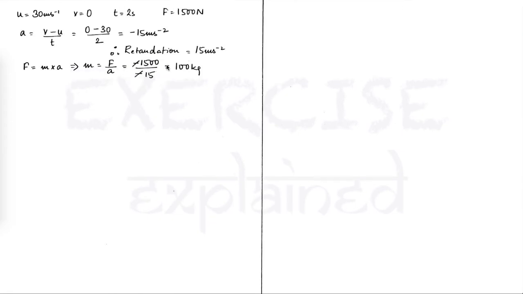So that is why I have taken minus 1500 divided by acceleration. We got it as minus 15 from here, so I substituted it as minus 15. So minus and minus cancels. We get it as 100 kg. So the total mass is 100 kg.